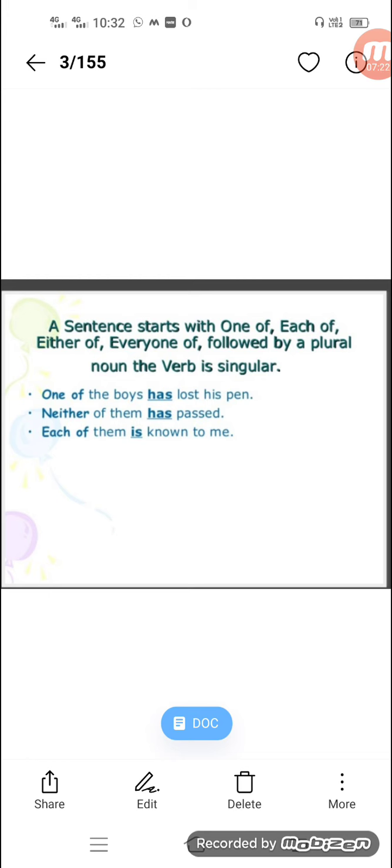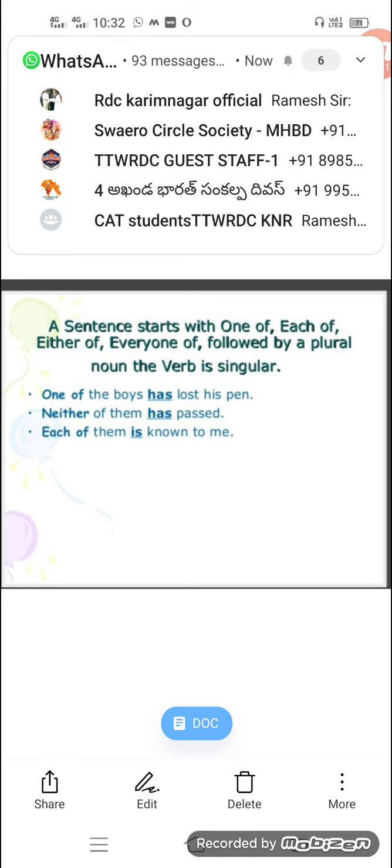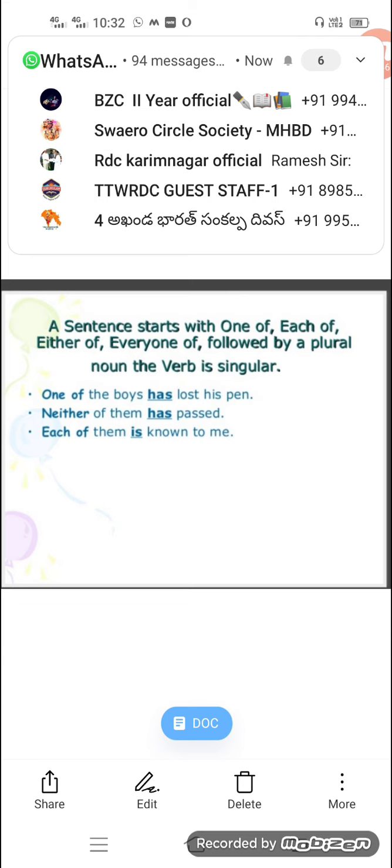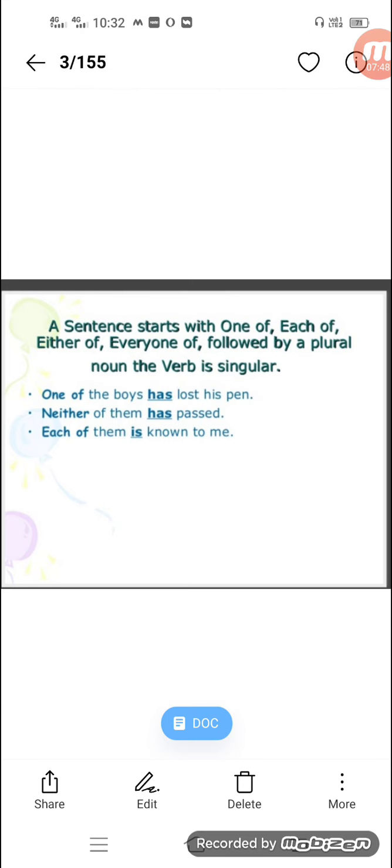That's why the following helping verb should also be singular, so we have to use has. One of the boys has lost his pen. We should not consider the noun nearest to the verb here, right? Neither of them has passed. Here each of them, each is singular, that's why we have to use a singular helping verb.